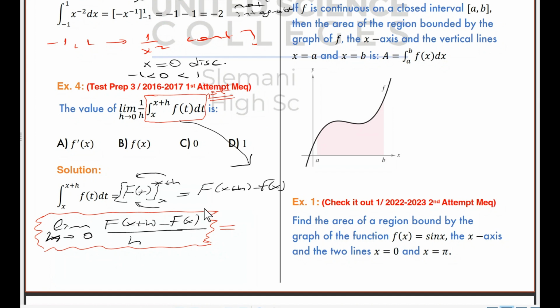Finding this limit means, in a short way, finding the derivative of whatever function we wrote here. Remember now? Okay, this limit form represents the derivative of this function. So this represents capital F prime of x.